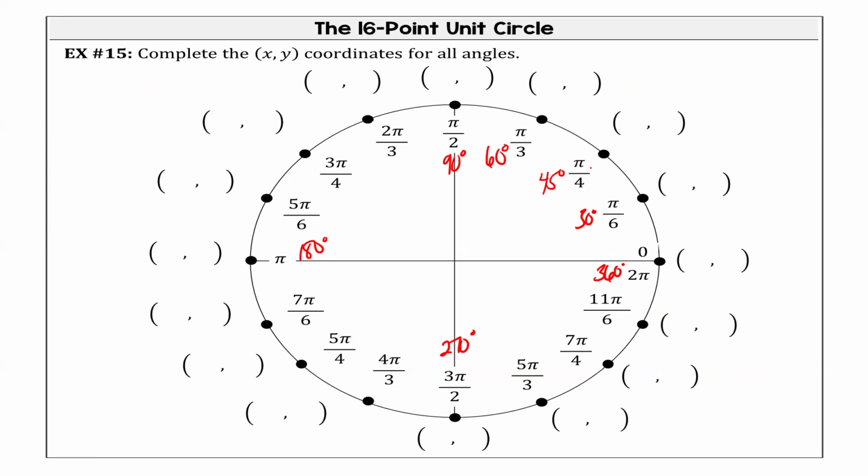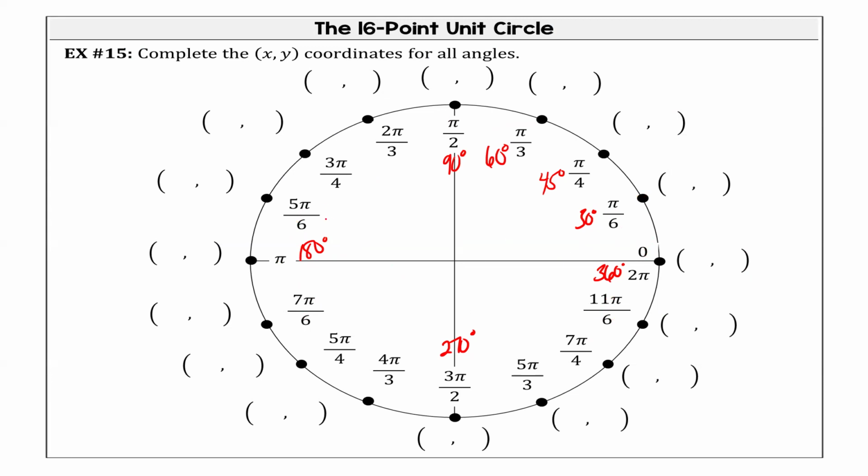They're all equally spaced apart, all the way around. So this angle is pi over 6. It's 30 degrees. Its reference angle is 30 degrees. So that means that 5 pi over 6 and 7 pi over 6, their reference angle are also 30 degrees. That means for 11 pi over 6, its reference angle is also 30 degrees. Does that make sense?